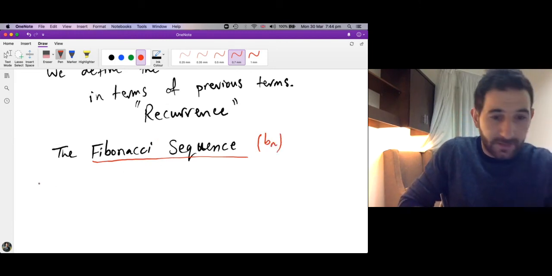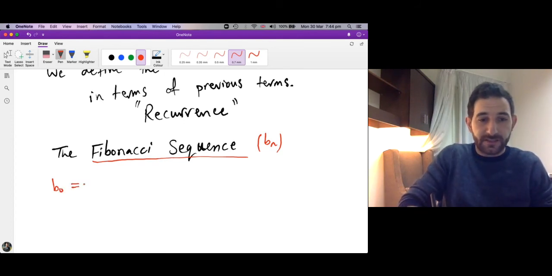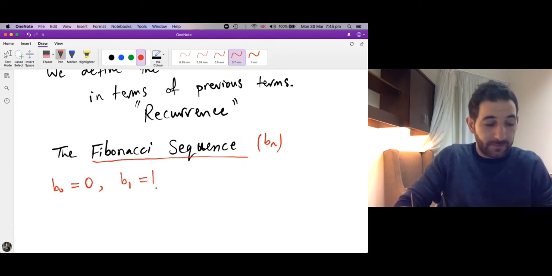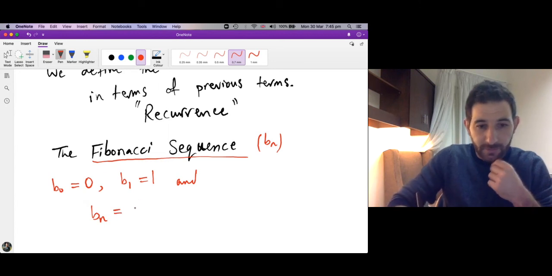Now, I will tell you that B0, the term at the 0 place, is the number 0, and B1 is the number 1, and in general the nth term B_n is defined to be B_{n-1}.